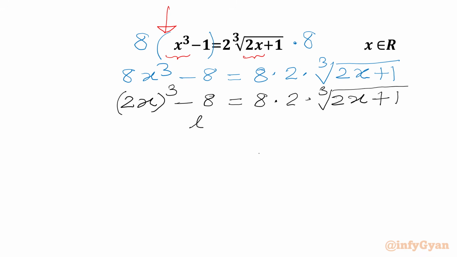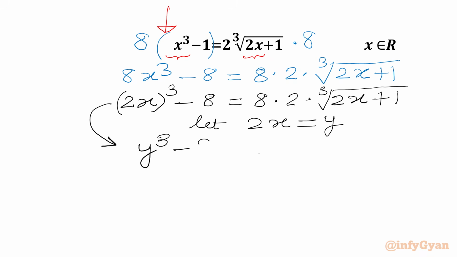We'll use substitution first. So let us consider 2x equal to y, and our equation, which is in variable x, will convert into variable y: y cube minus 8 equal to 2 times 8 times cube root of y plus 1.